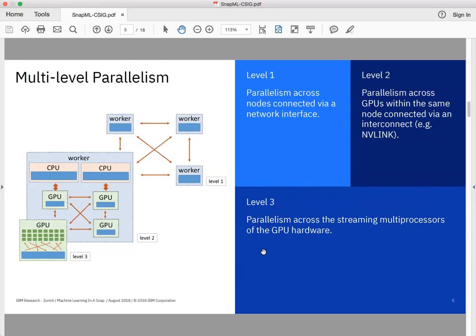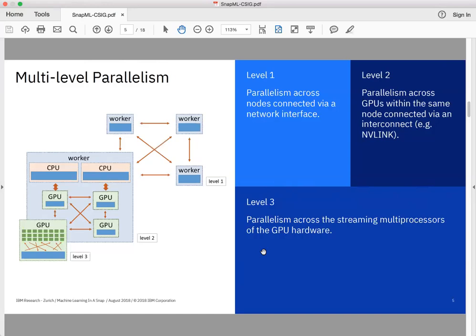The second level of parallelism is within one of those workers. Within a server, we may have a number of CPUs, say 2 in this example, as well as a number of accelerators like GPUs. And these GPUs are very often connected with each other using some very high-speed interconnect. That is an interconnect like NVLink or NVLink 2, which is much faster than the network interface itself.